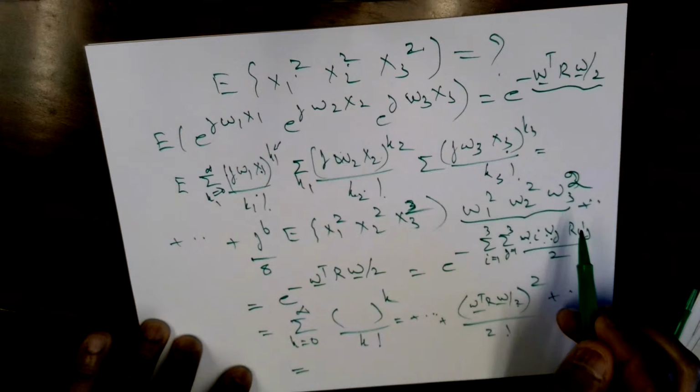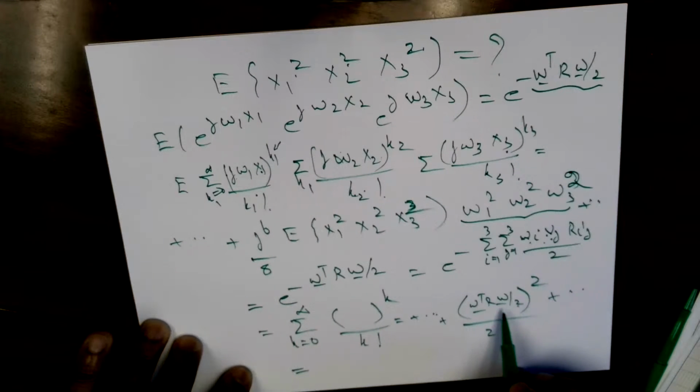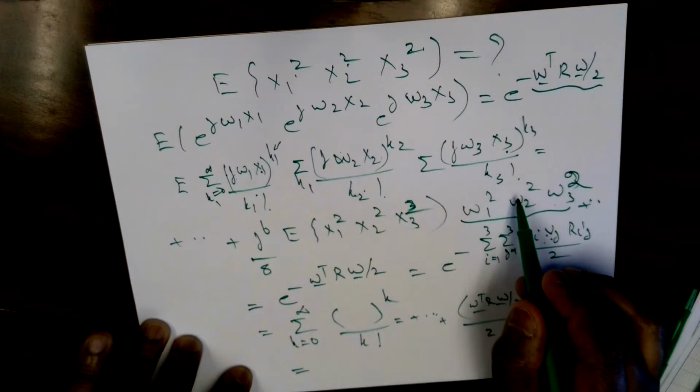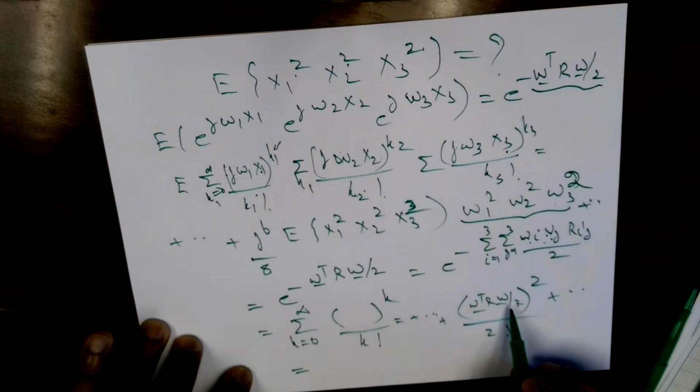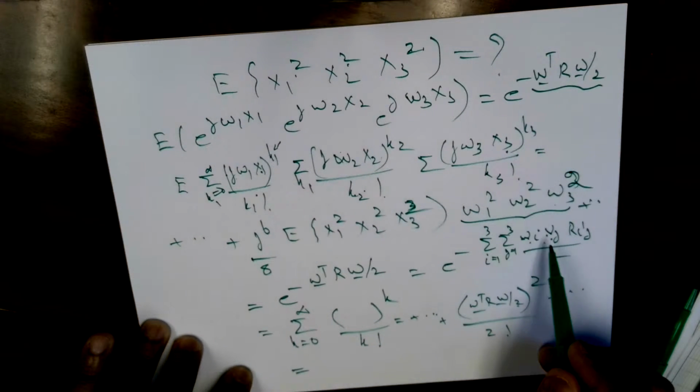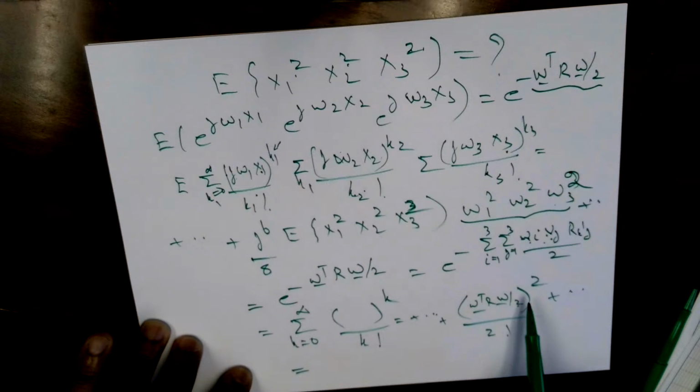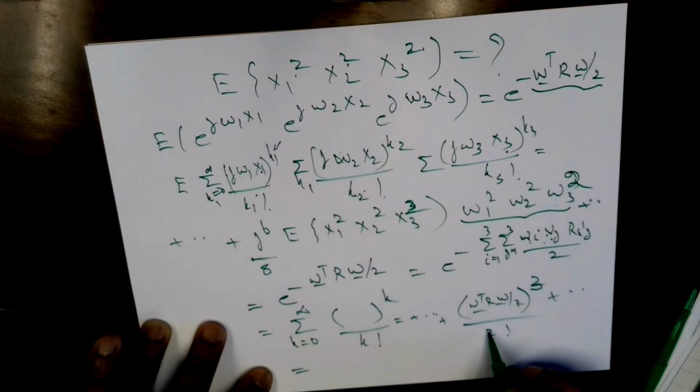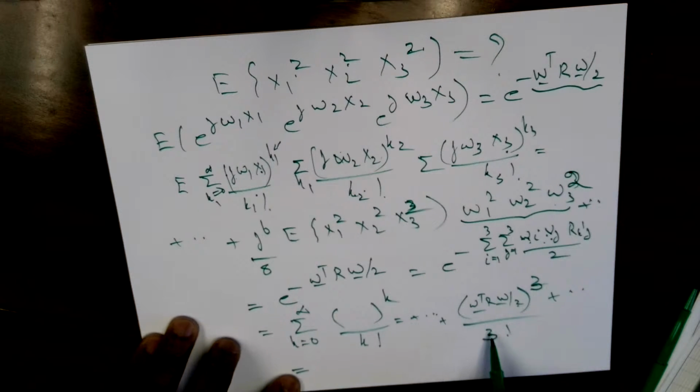So you want three of these terms to show up with power 6. In a square, you will only get the power, here you have, look at the expansion here, you have a square here. So if you multiply one more time, you're only going to get the fourth power. So we want to go to the sixth power.